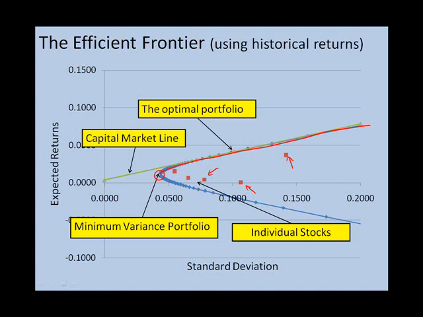We have the risk-free rate plotted, and we've also calculated the optimal portfolio, which just touches the efficient frontier. So everything that we've seen in theory can also be calculated in reality, and you get a very similar looking diagram.